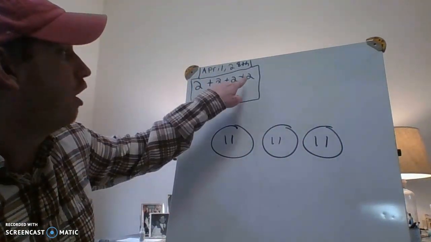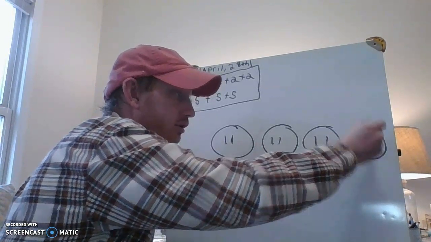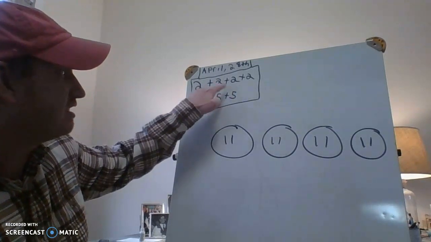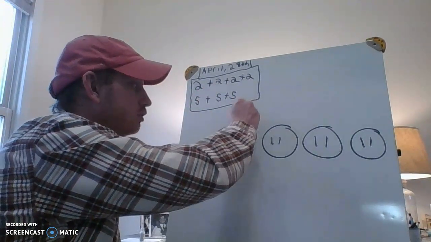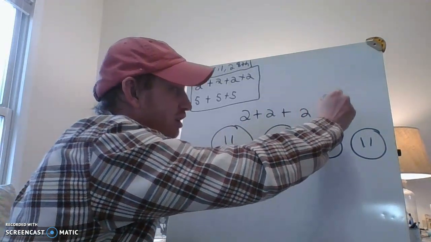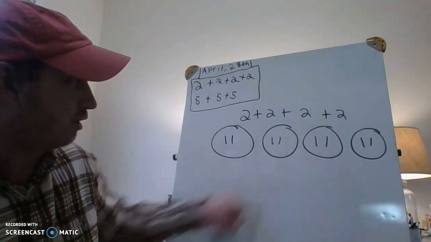And I have a fourth group of 2. So now our repeated addition problem of 2 plus 2 plus 2 plus 2 is drawn out in picture form.